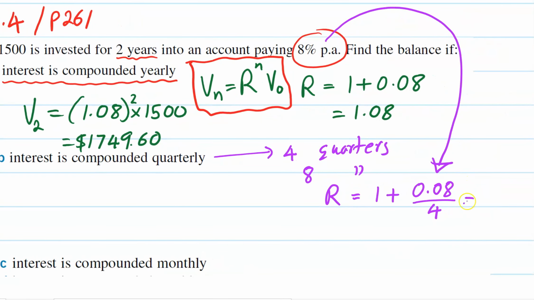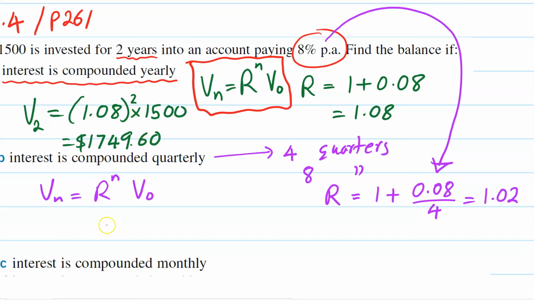What does that give me? You can use the calculator to find this, that is 0.02, hence the full figure is 1.02. That will go into my calculation for R to the n times V0. Please be mindful here, n is not the same as before.